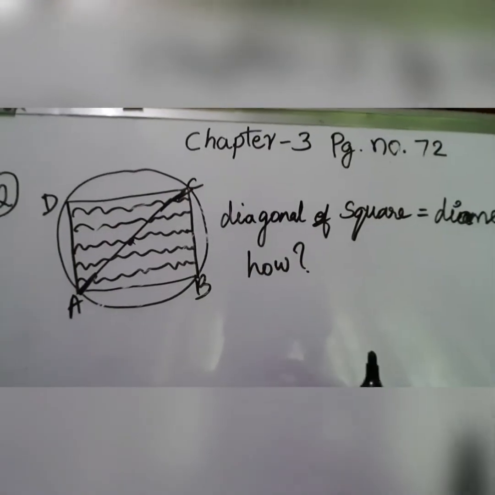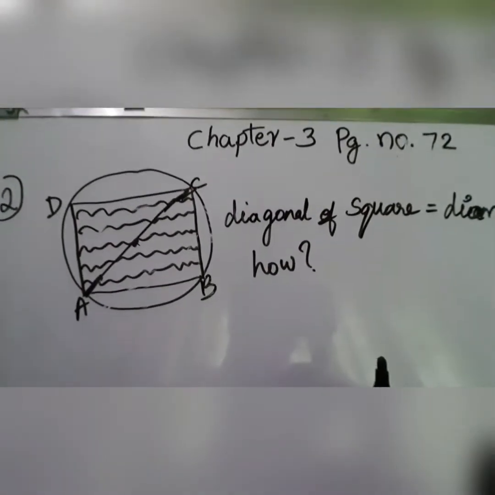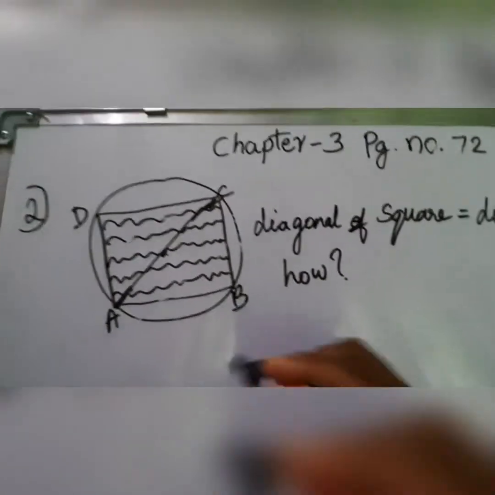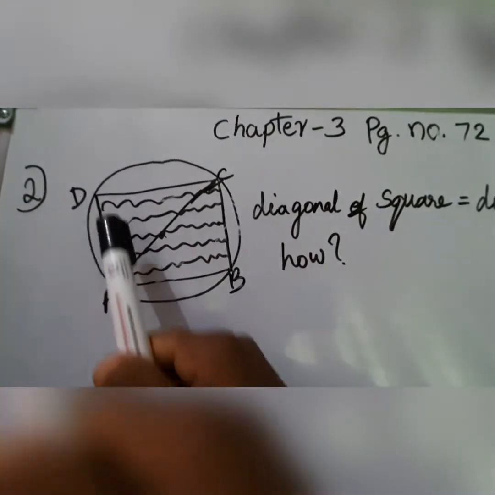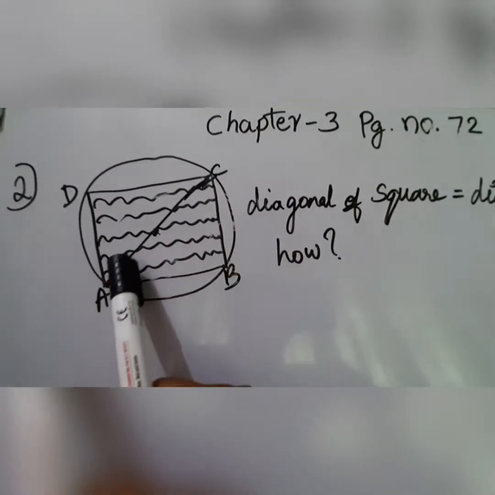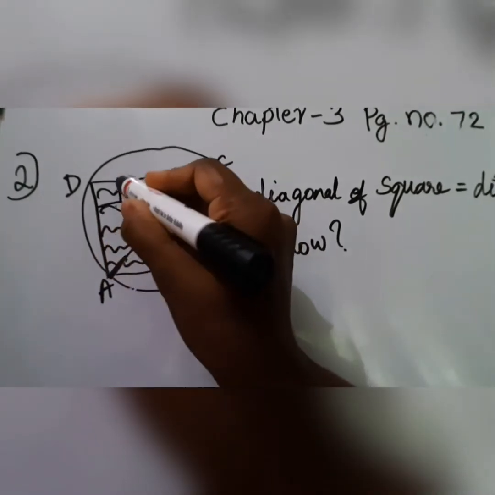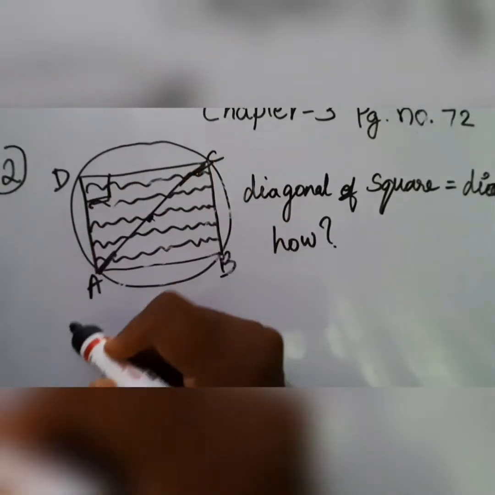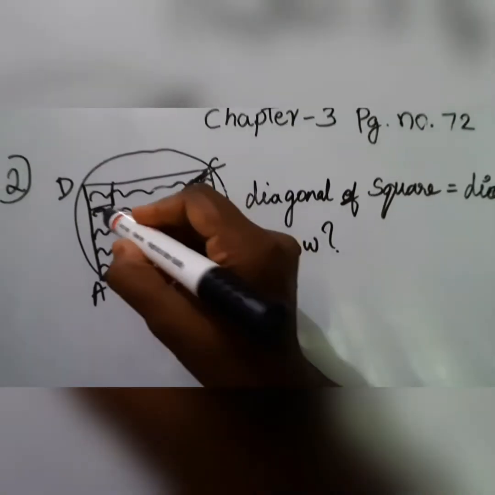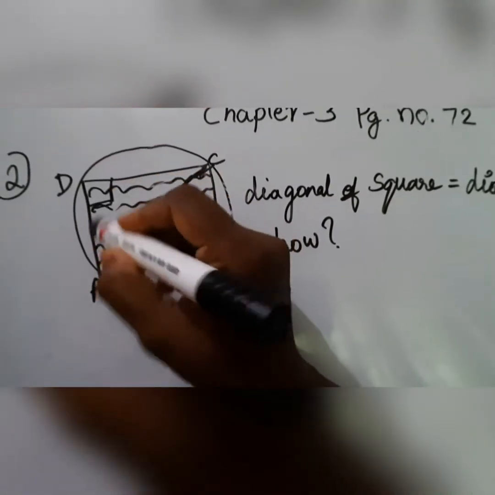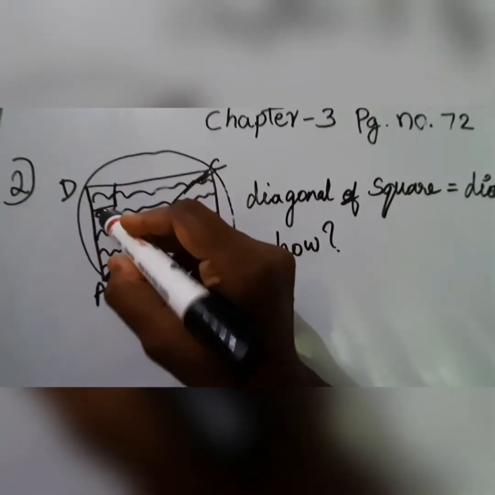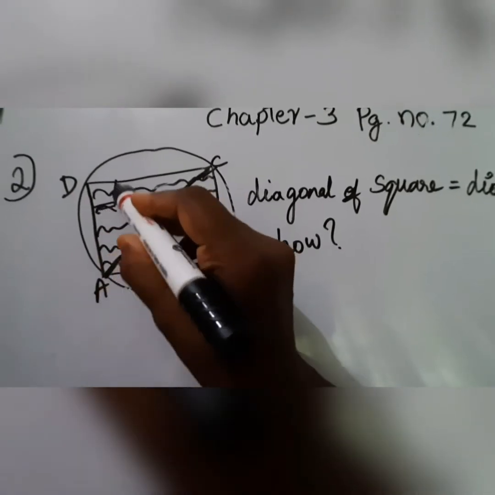Last year, that is previous year, you learned one property. An angle or a triangle that lies in a semicircle is a right angle. That means this is a right angle. We know, because this is a square, so this is 90 degrees.